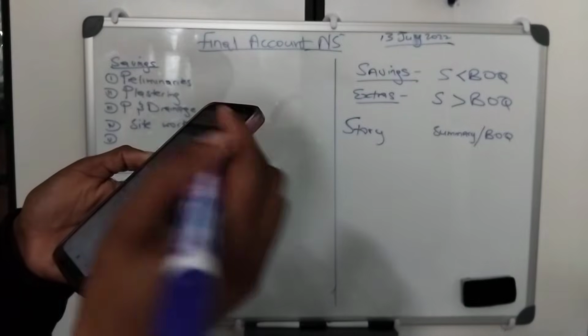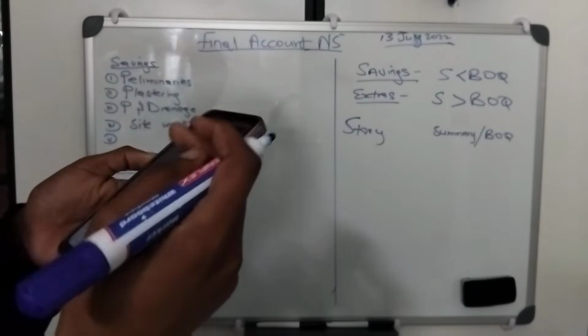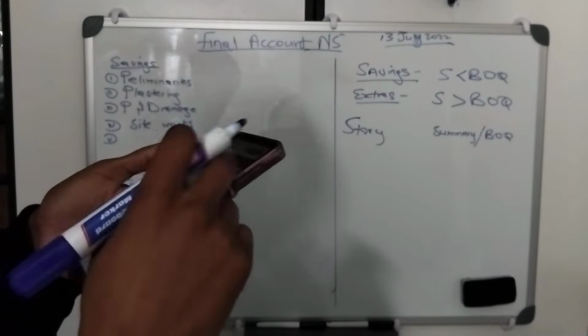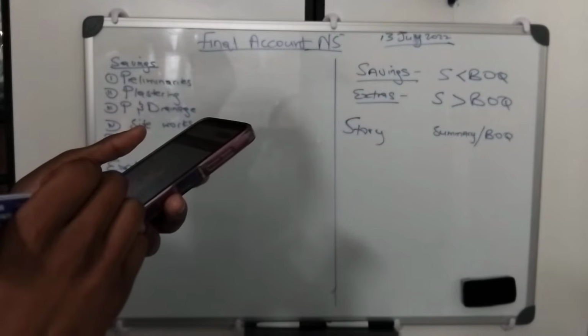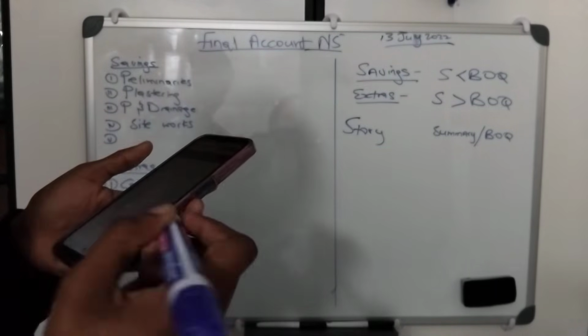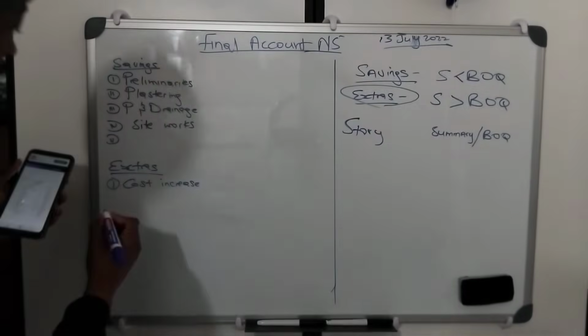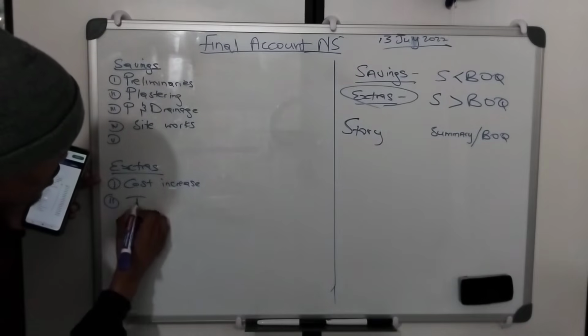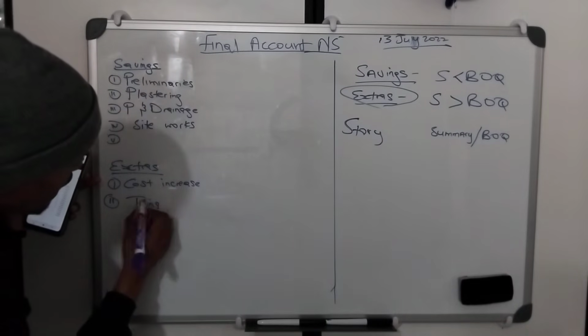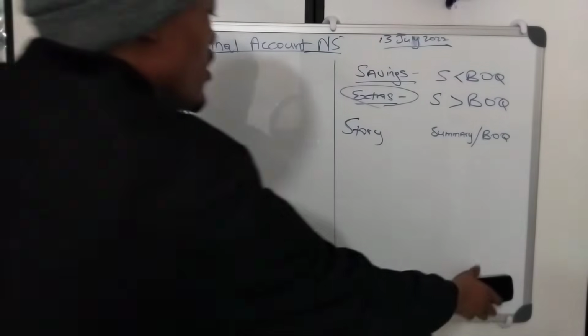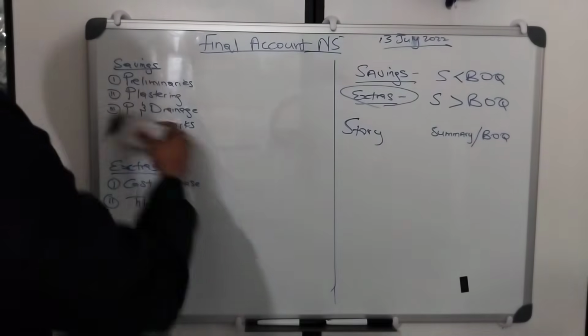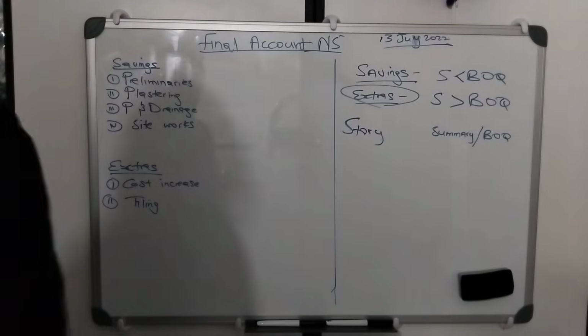Tiling on the story is 5,470. On the BOQ, tiling is 5,000. So it's smaller on the BOQ and bigger on the story. Now we get our extras, so tiling is the second one on extras, right? This is how you're going to do it. Then, okay, now we can move on.